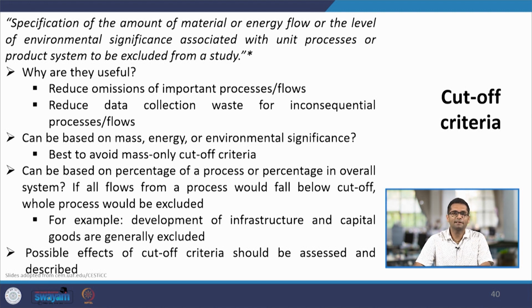The reason for that is it's just not humanly possible to take into account every minute flow in detail. So, we set that if there is a particular flow that has maybe an environmental significance less than a certain percentage, we are going to neglect it because we are not going to see much of the emissions coming from that.